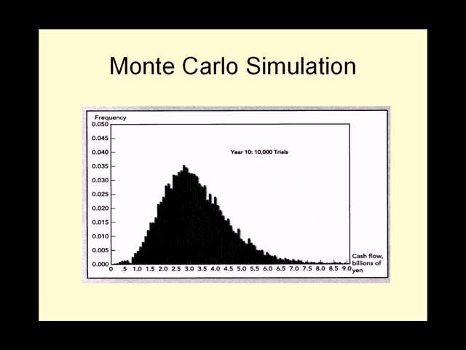Here's one of the results or outputs of Monte Carlo simulation. This graph shows the probability distribution of cash flow in year 10 of our motor scooter project. You could also get the result, the probability distribution for the net present value of the project overall.